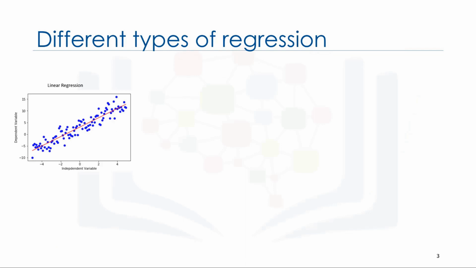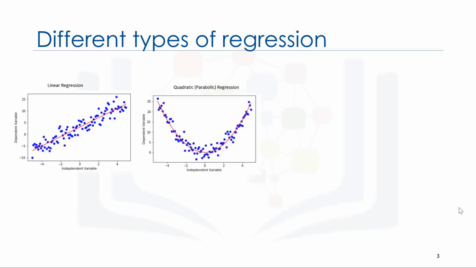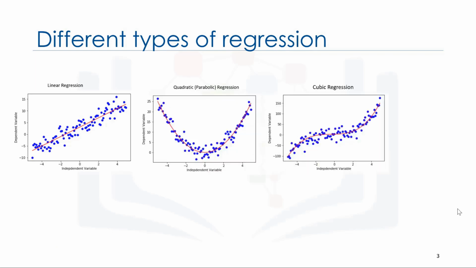In fact, many different regressions exist that can be used to fit whatever the data set looks like. You can see a quadratic and cubic regression lines here, and it can go on and on to infinite degrees.